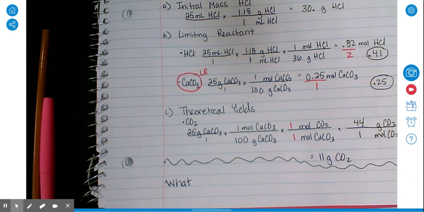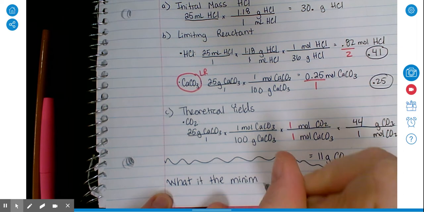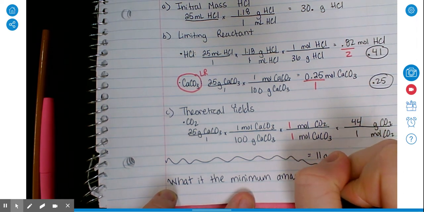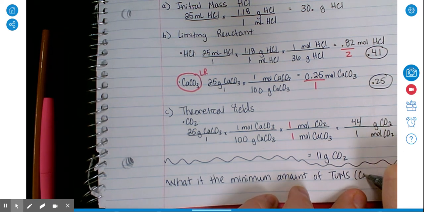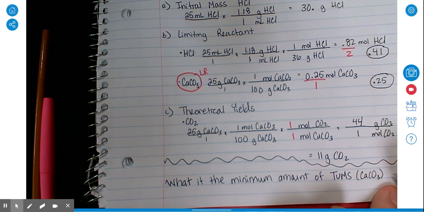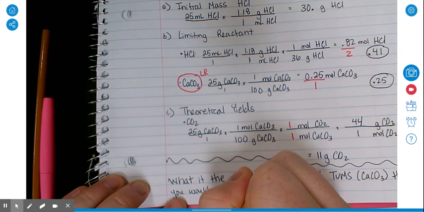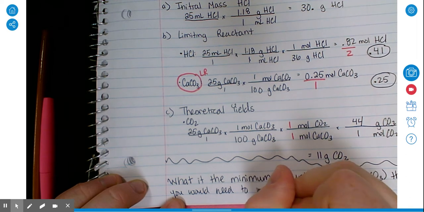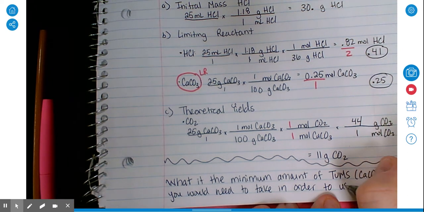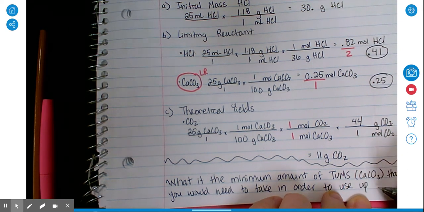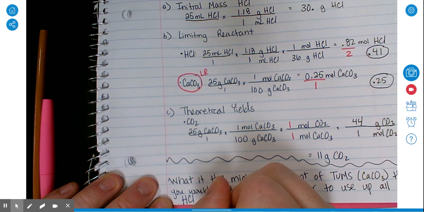What is the minimum amount of Tums or calcium carbonate that you would need to take in order to use up or neutralize all the HCl, the excess HCl.